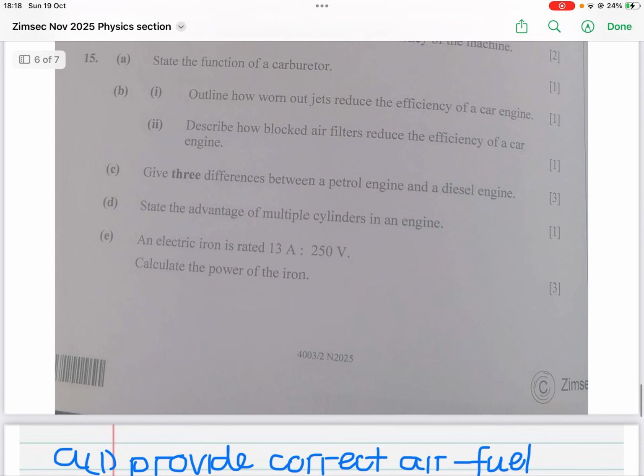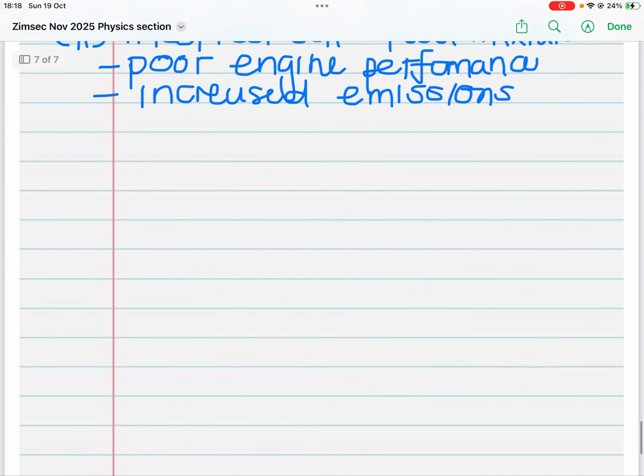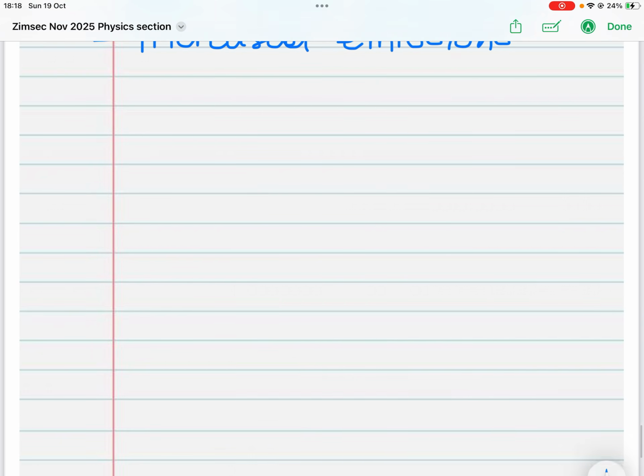Right, let us scroll up for the next question. On part C, we are required to give 3 differences between a petrol engine and a diesel engine. And the question is having 3 marks. So we need to create a table for comparison. So we are going to put our petrol engine here.